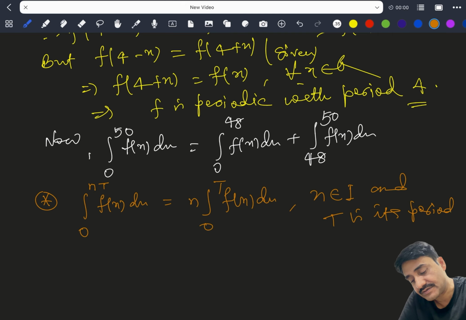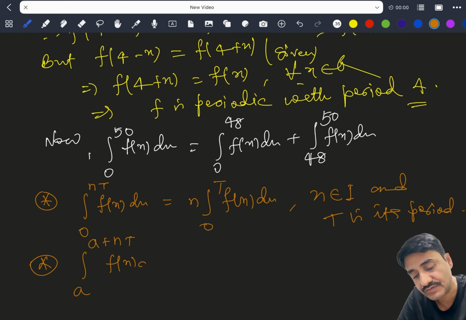Another concept is integration a to a plus nT f(x) dx. This is equal to n times 0 to T f(x) dx.